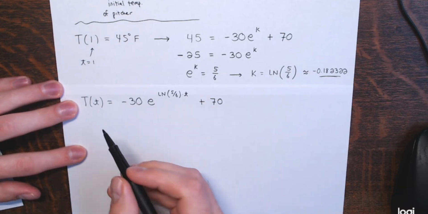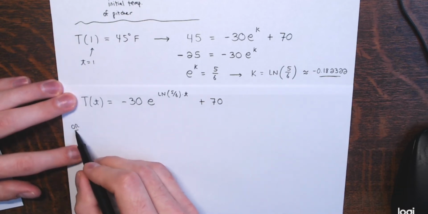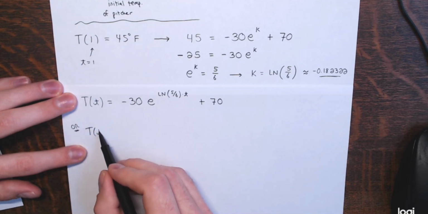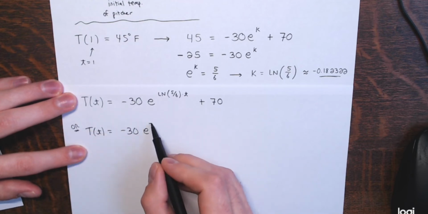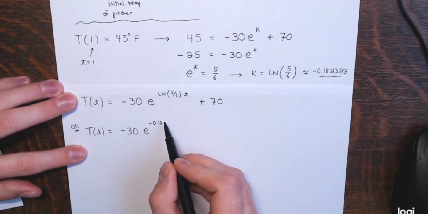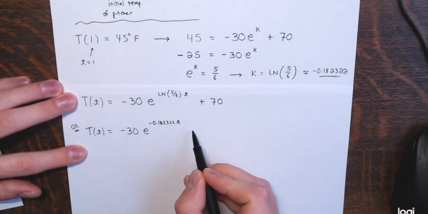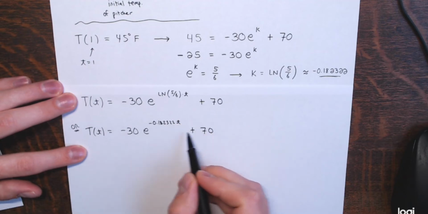Or put the approximate version in, negative 30 times e to the negative 0.182322 t plus 70. You can use that version as well.